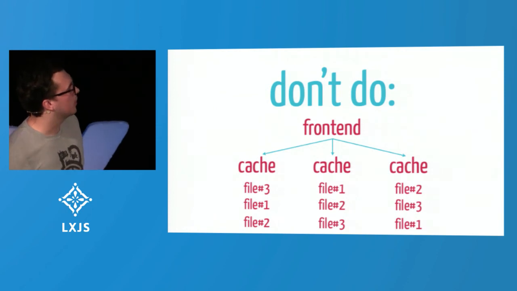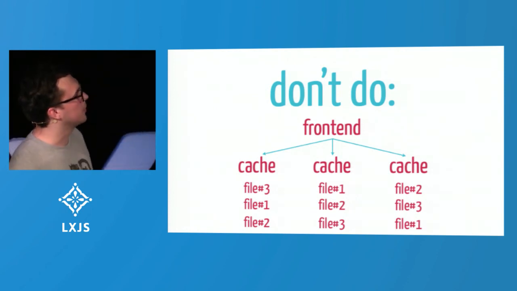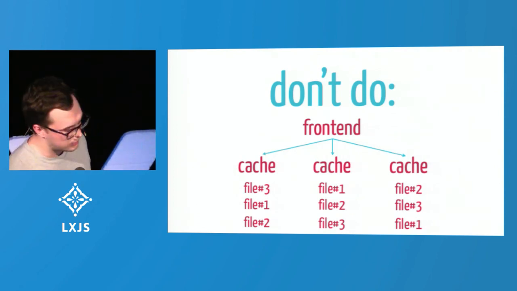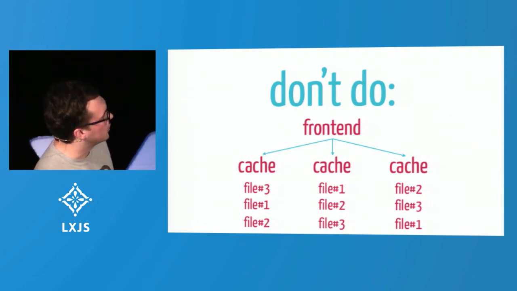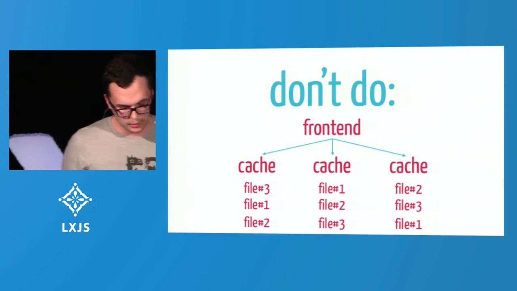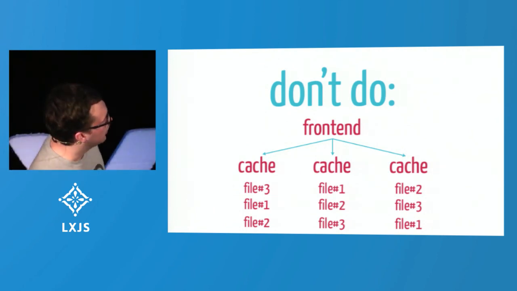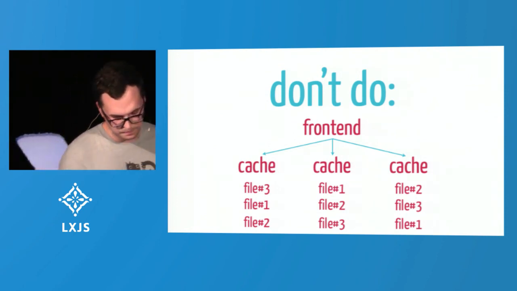This is how you shouldn't do it. In this example, you can see 3 different cache servers and 3 different files. Because we didn't use any clever routing, we ended up with 9 files, but only 3 are unique. And also we sent 3 times more requests to the backend, so that's not very good.